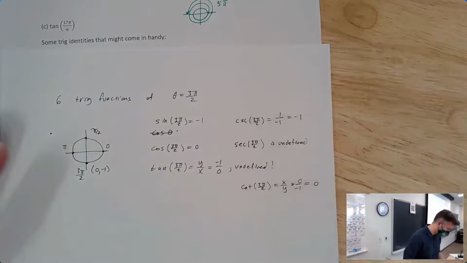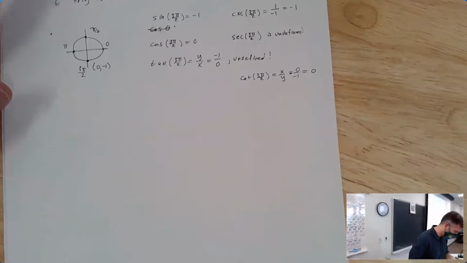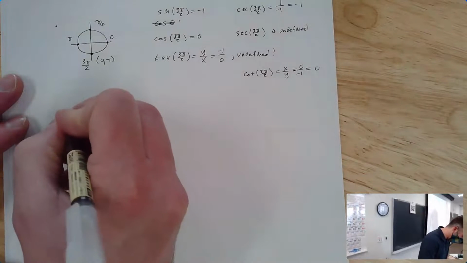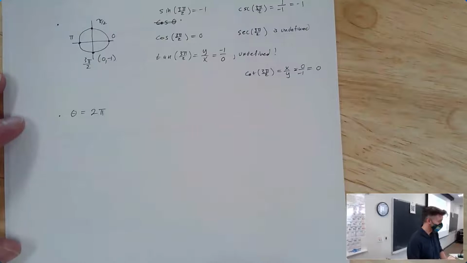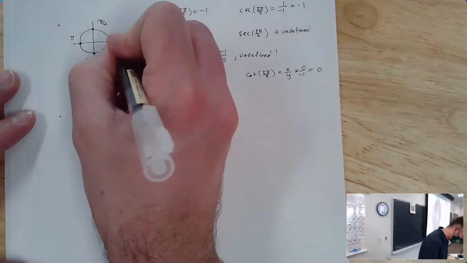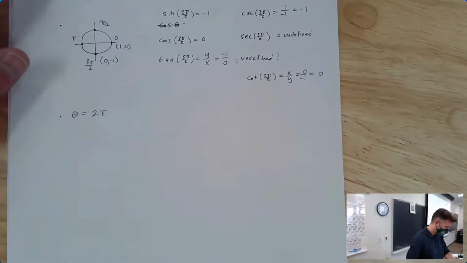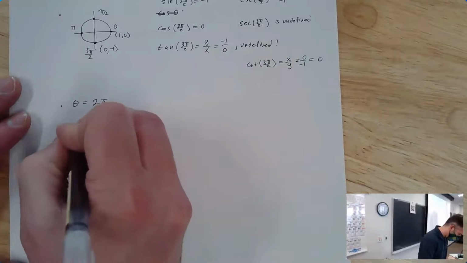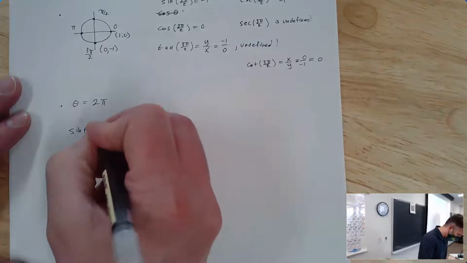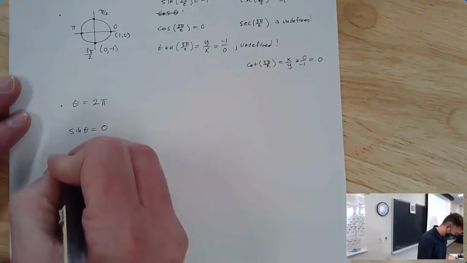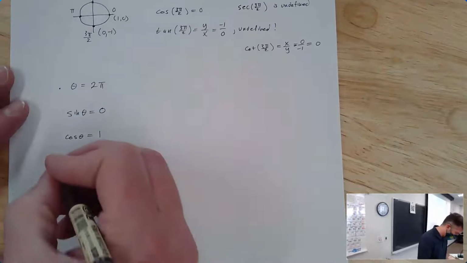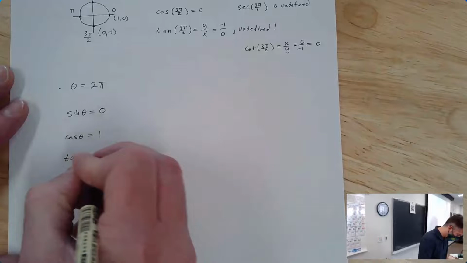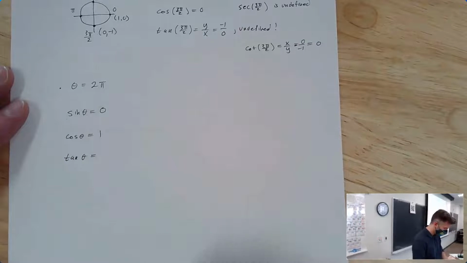So one more example. Let's do the 6 trig functions of theta equal to 2 pi, which is 1 full revolution, which leaves us at the point 1, 0. So there, sine of theta is the y coordinate, which is 0. Cosine of theta is the x coordinate, which is 1. And tangent of theta is what? 0 over 1.